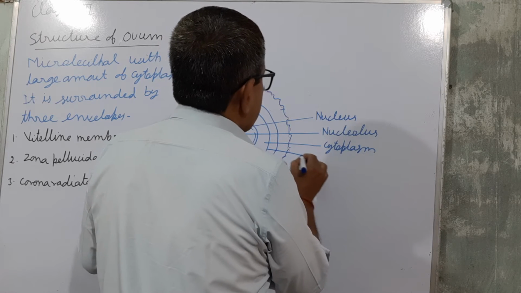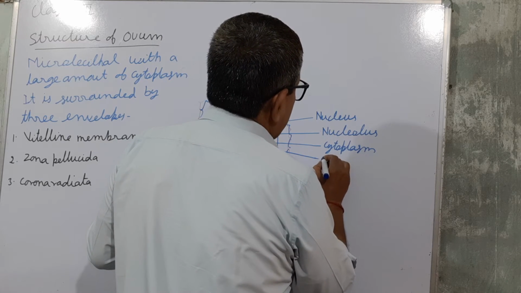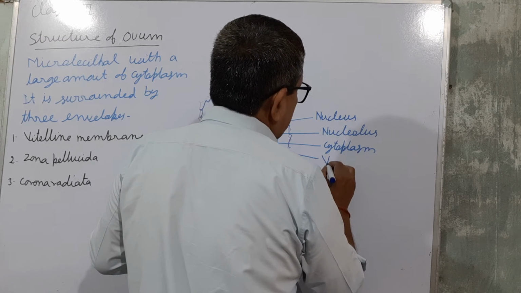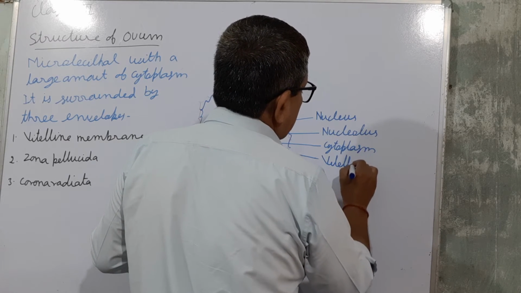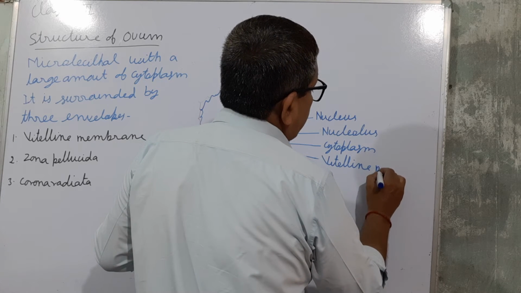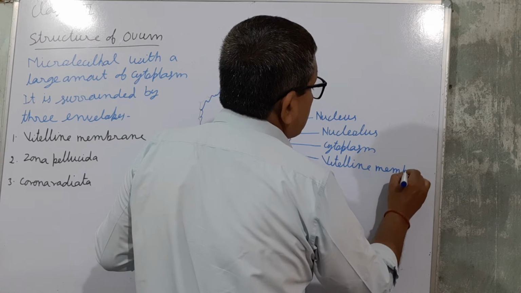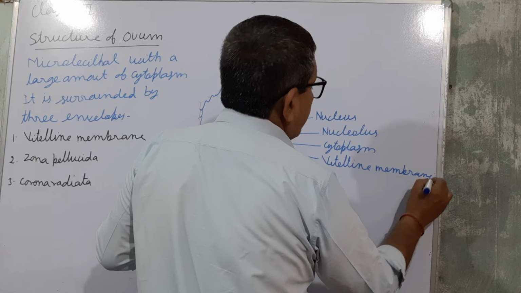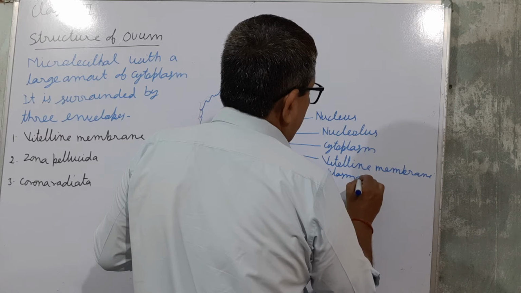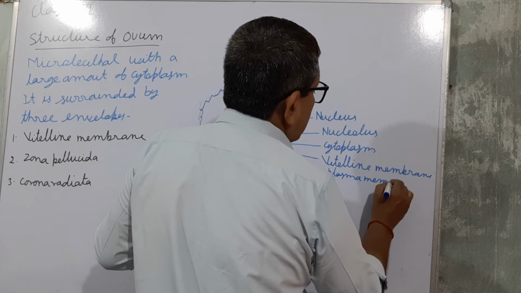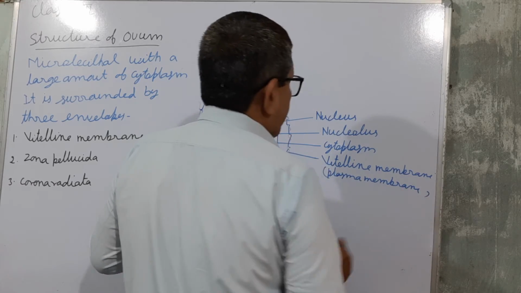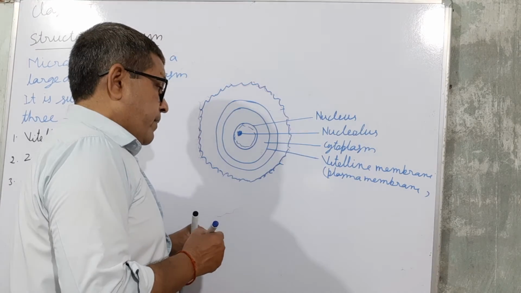And this is the vitelline membrane. Vitelline is also called the plasma membrane, the plasma membrane or vitelline membrane.